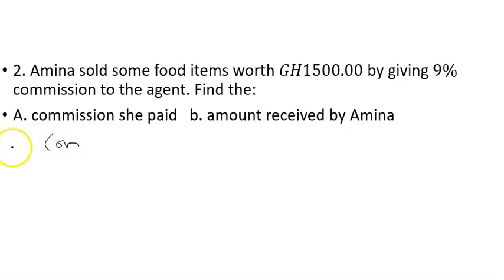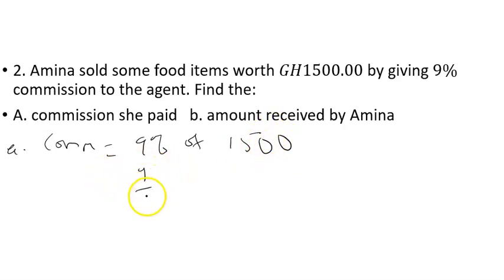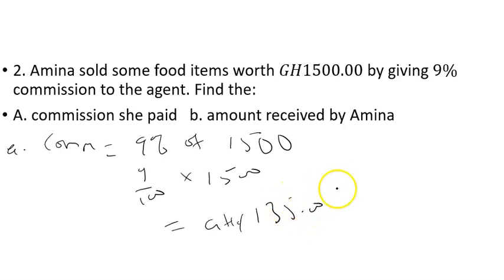So for A, commission is equal to 9% of 1,500 Ghana cedis. So we have 9 over 100 times 1,500. When you press this, you get 135 Ghana cedis.